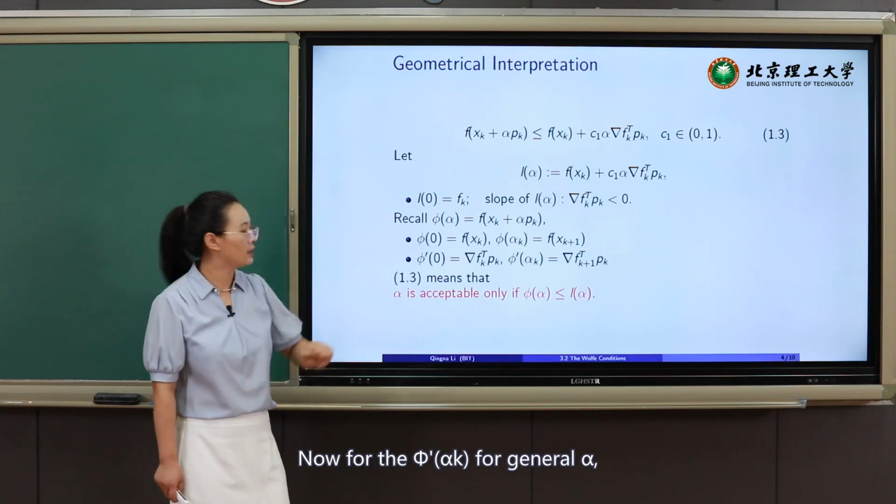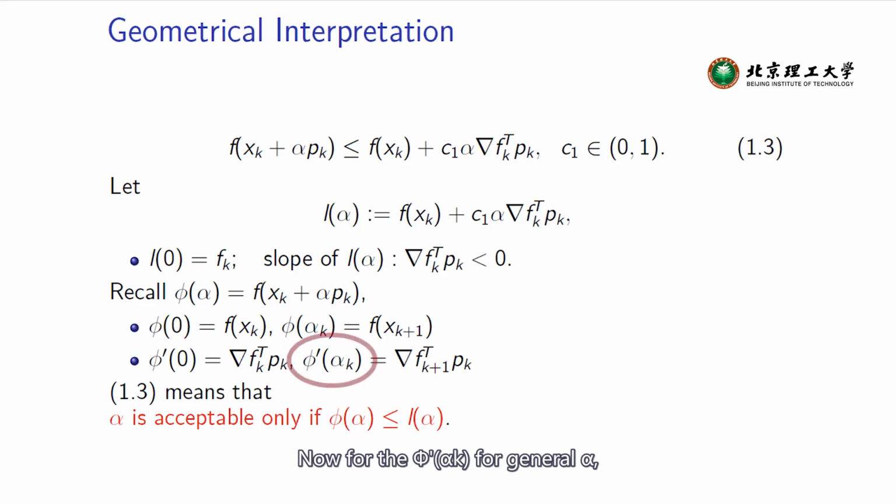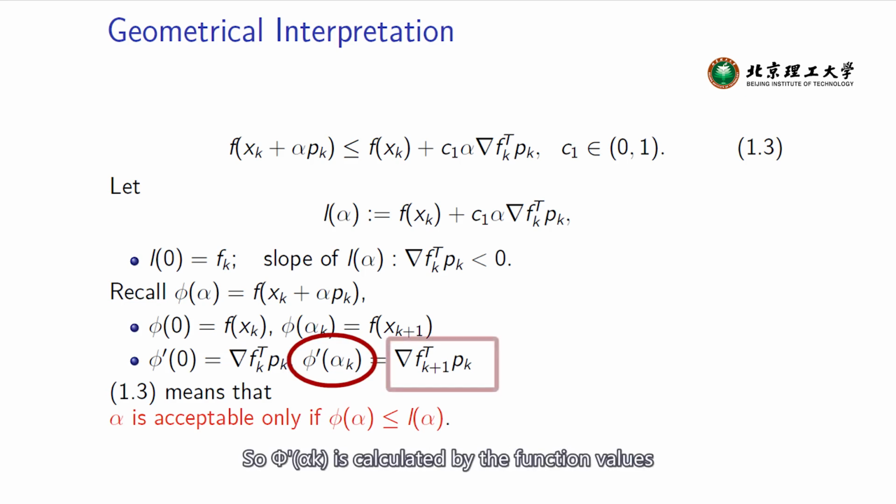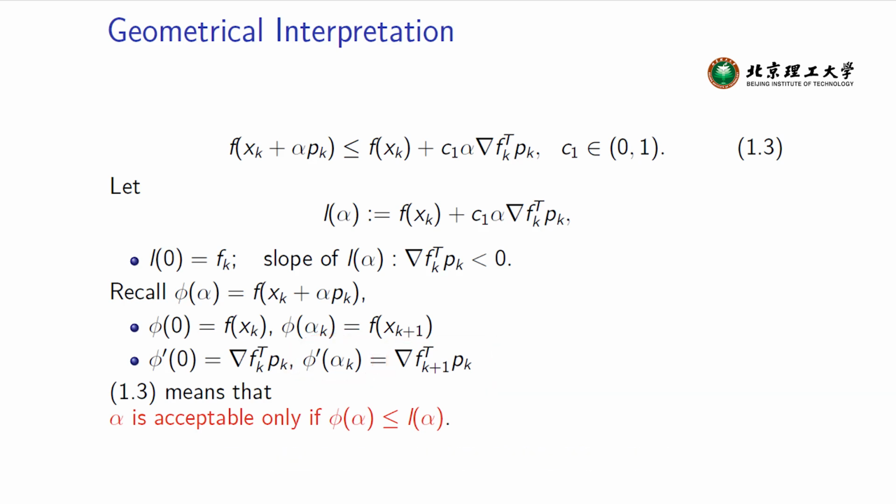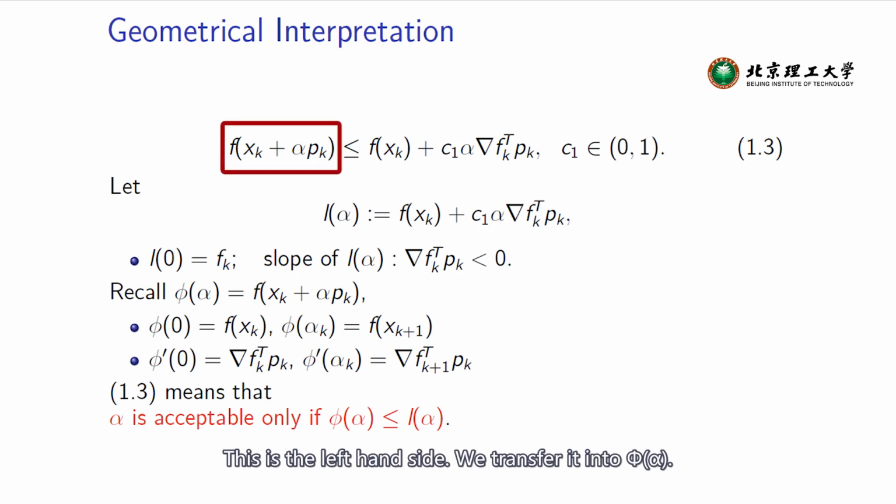And for phi prime at general alpha, we have the expression like this: phi prime is calculated from the gradient of f at the next iterate multiplied by pk. This is about the left-hand side, f(xk plus alpha pk), which we transfer into phi(alpha).